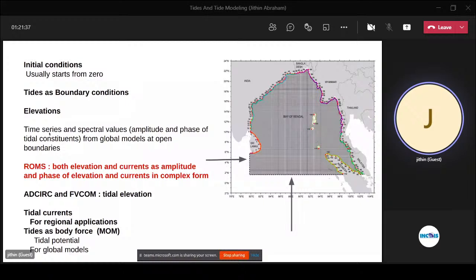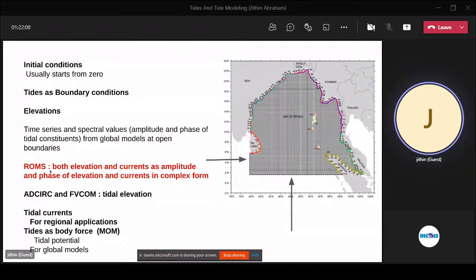The initial condition we usually set to 0, and the tides at the boundary we can give as a time series along the boundaries, or as amplitude and phase of the tidal constituents. That means the spectral values also we can give from the global models. So either a time series or the amplitude and phase of tidal elevation or currents at the boundaries.